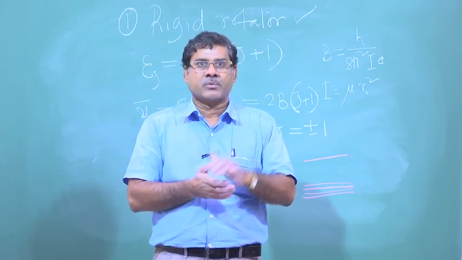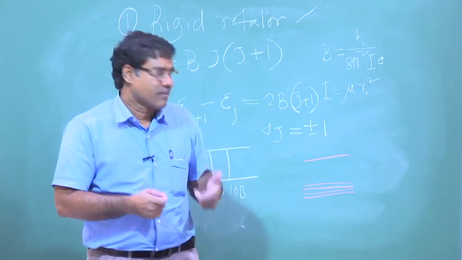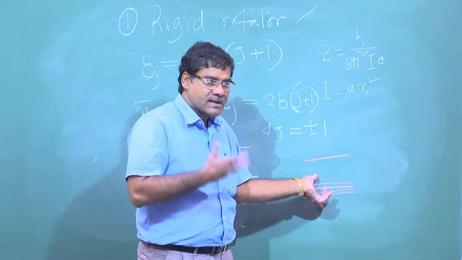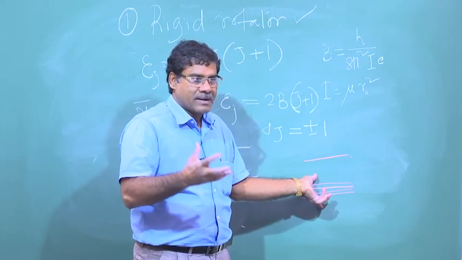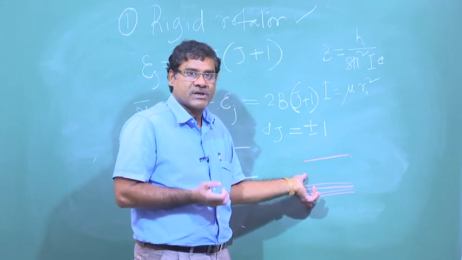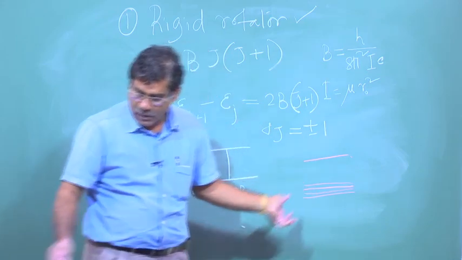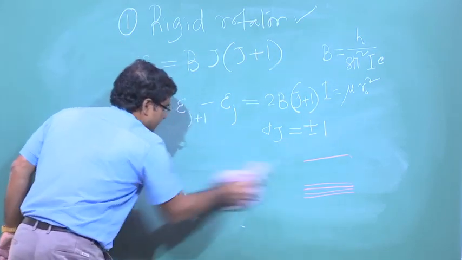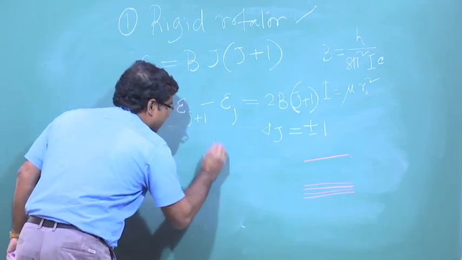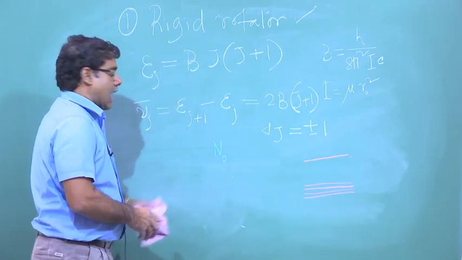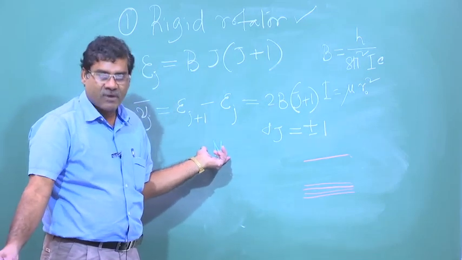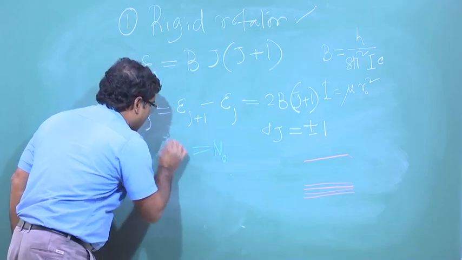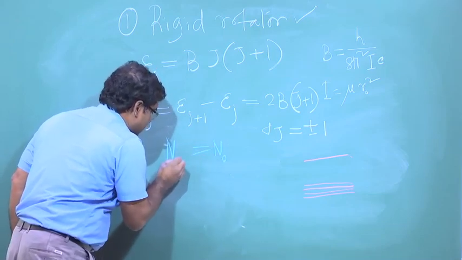That should be proportional to the number of states at a particular energy, that is 2J plus 1. This is the population of the molecules: out of 100, how many will be there. Say I have N0, whatever 100 I told, out of N0 molecules, how many molecules will stay in the J state.